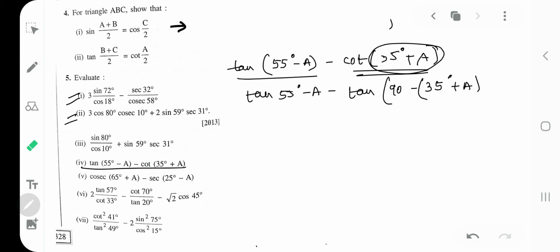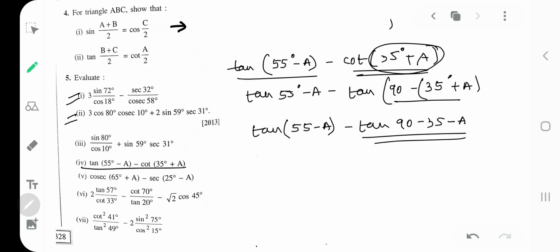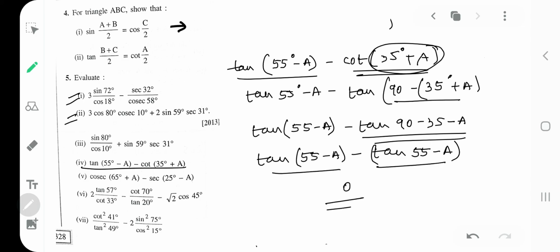So you will have tan 55 minus A as it is, minus tan, here 90 minus 35, and the brackets are open. Now it will become minus A. So this tan 55 minus A as it is. Here you will get tan 90 minus 35 is 55 and minus A. So these two are the same. When you subtract, you will get the answer 0. Easy?